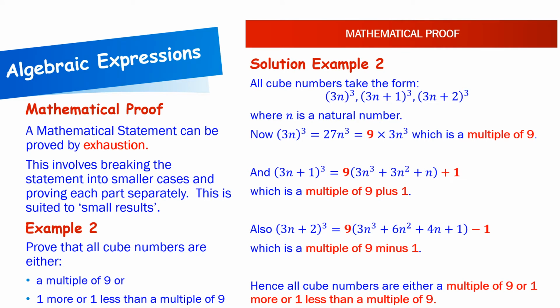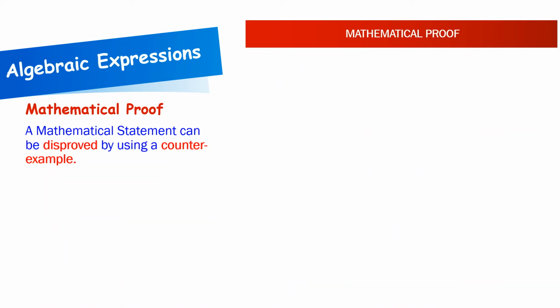And therefore, all cubed numbers are either a multiple of 9 or one more or one less than a multiple of 9. Let's now take a look at how we can disprove a mathematical statement.